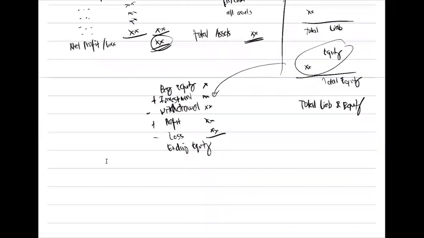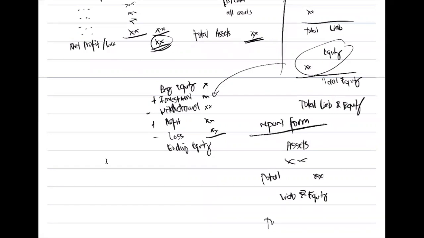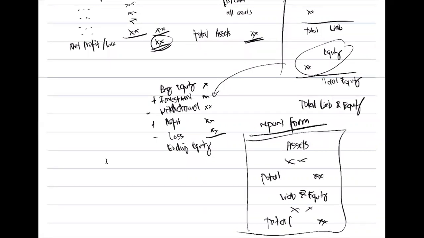Nasundan? Meron naman tayong tinatawag na report form. Ano naman tong report form? Dito, one column lang siya. Andito yung assets, tas total. Andito rin yung liabilities and equity, tapos total. So dito, isa lang talaga siya. Diretso lang siya.